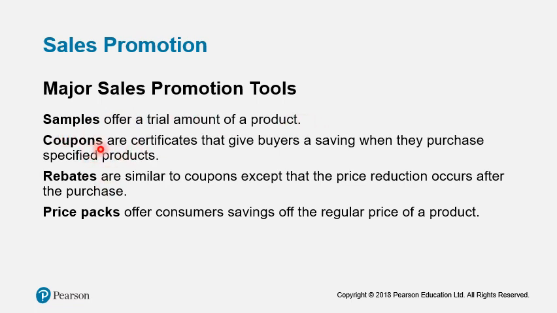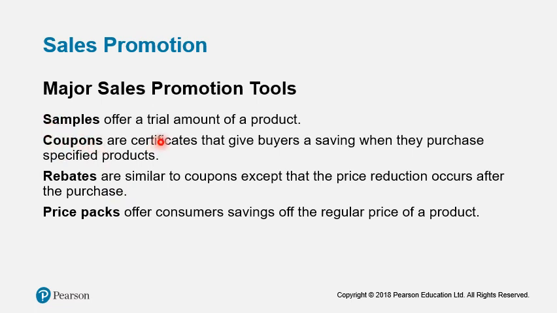Next is coupon, which are certificates that give buyers a saving when they purchase a specified product. A coupon is just like a voucher, that you are entitled to some price reduction, or a discount basically. Next is rebates. Rebates are similar to coupons except that the price reduction occurs after the purchase. With a coupon, for example, you have a 20% coupon.